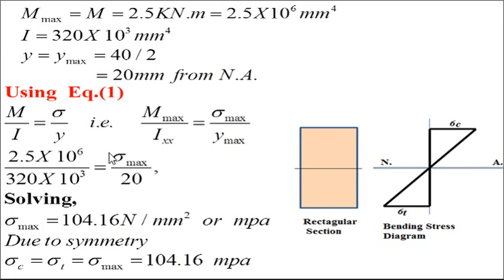So here only sigma max is unknown. By solving this cross multiplication, you will get the value of sigma max, that is 104.16 Newton per mm square. Newton per mm square means MPa. Due to symmetry, sigma C and sigma T both will be same. So this is the bending stress diagram for the rectangular section.